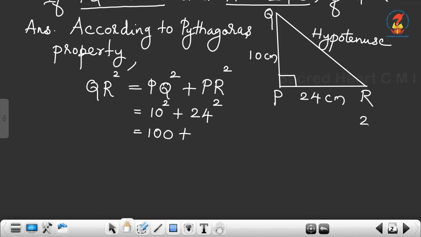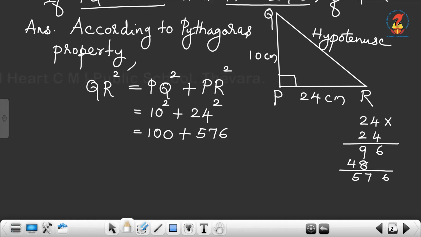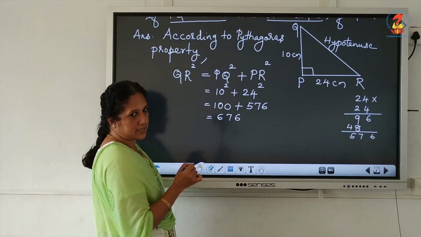So, 24 into 24 is 576. Now, 100 plus 576 equal to 676. So, we got QR square equal to 676.